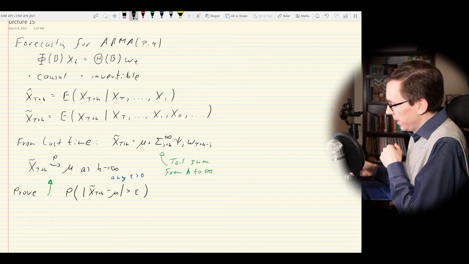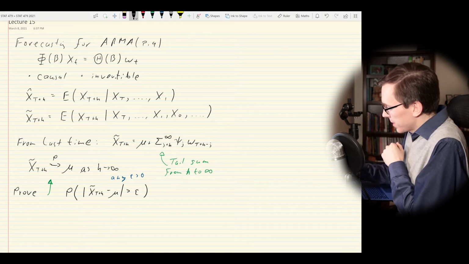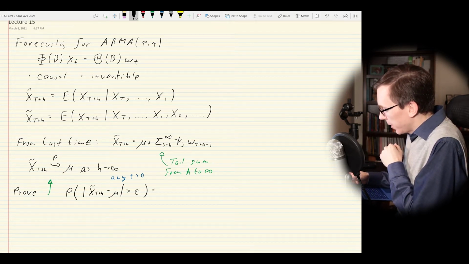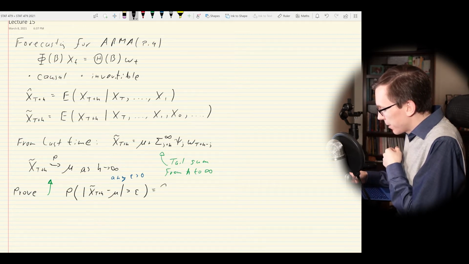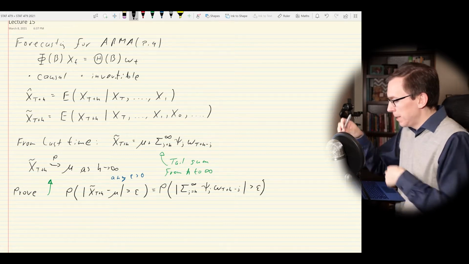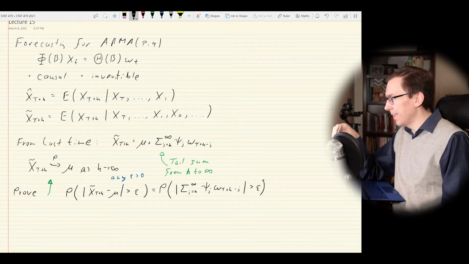How do we show it? The first thing we note is we can use this definition here that the green arrow is pointing at, and if we subtract the mean, we find out that we're just looking at the probability that our tail sum, the sum over j from h to infinity of psi j w sub T plus h minus j, remains bigger than epsilon.